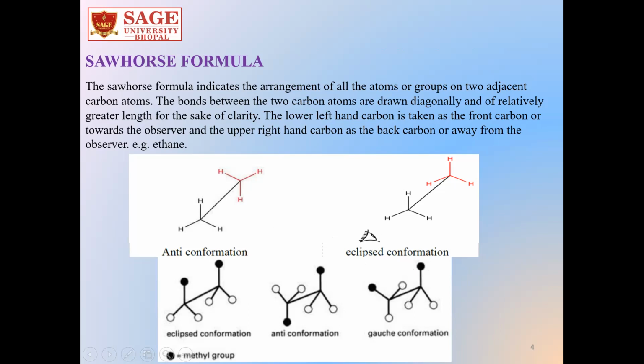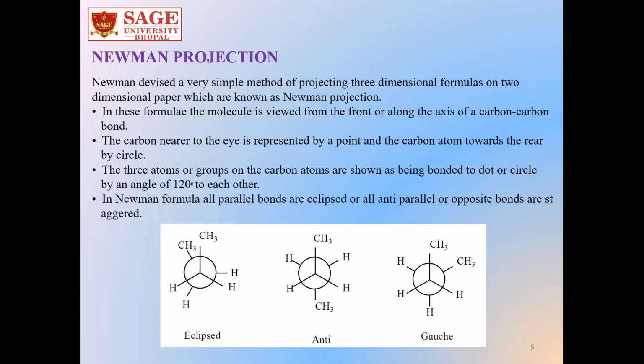There is another conformation, gauche conformation, that we get by the rotation of the front carbon by 60 degrees. So when the angle between the hydrogen atoms or the groups is around 60 degrees, we call it gauche conformation. So this was the projection in Sawhorse formula.